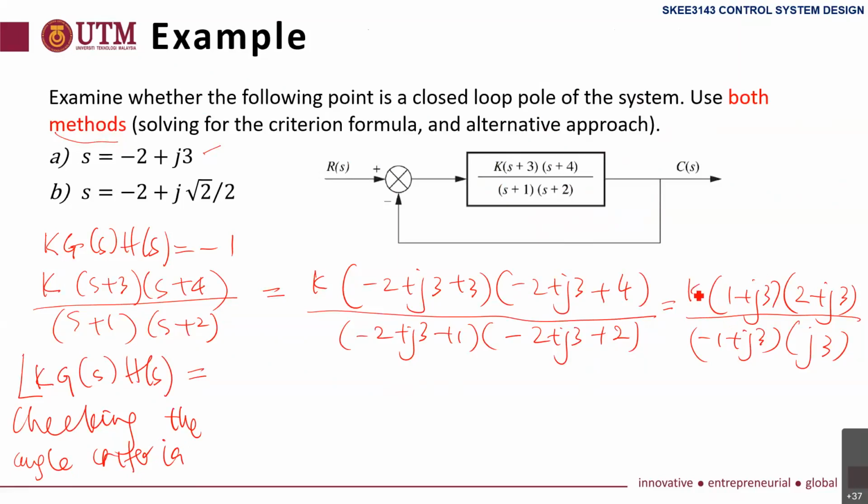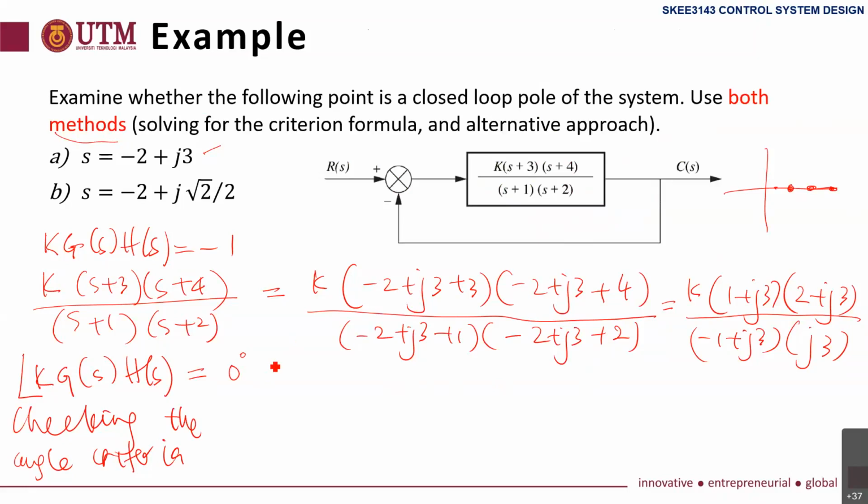First, K is a constant. It's a value on the positive real axis, which means the angle of K is 0 degrees. That's why we start with the angle criterion, because K does not contribute to the angle.